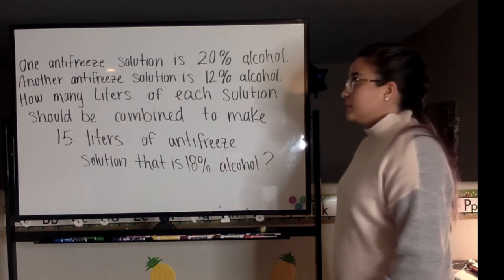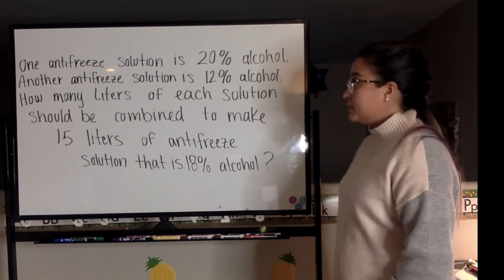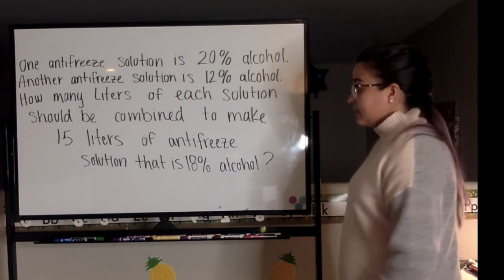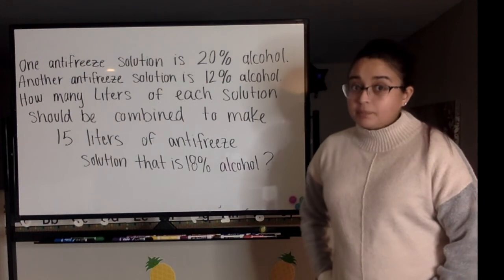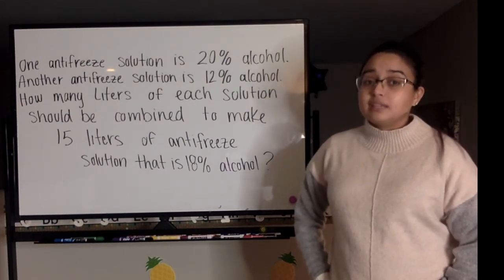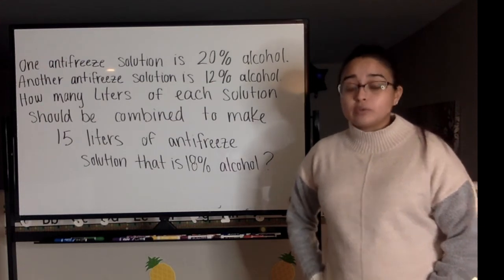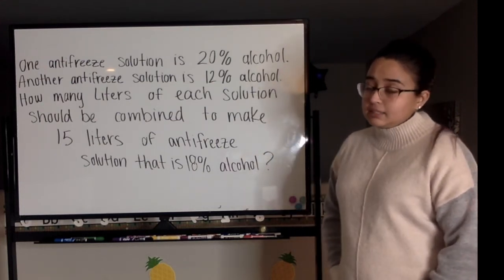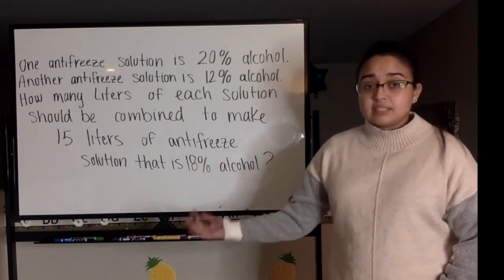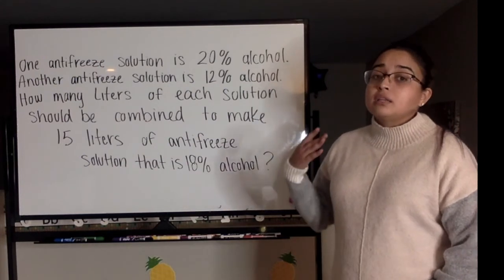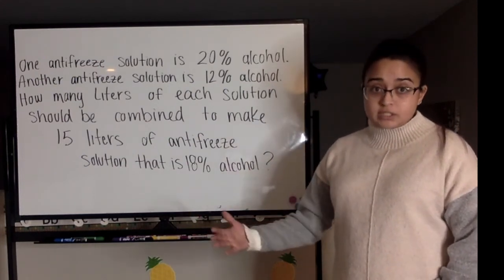How many liters of each solution should be combined to make 15 liters of antifreeze solution that is 18% alcohol? This is extremely similar to the example that we just went over. It is literally just using different units: we were dealing with gallons and this time we're dealing with liters, but it doesn't make a difference as to how the equation is going to be worked.